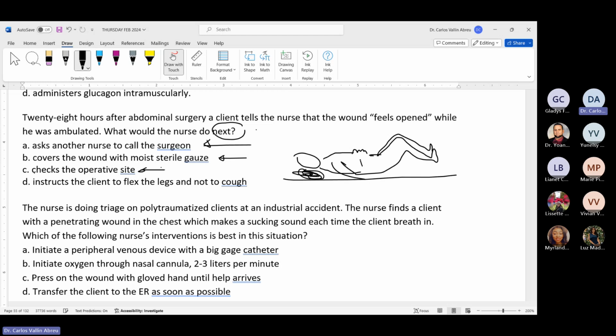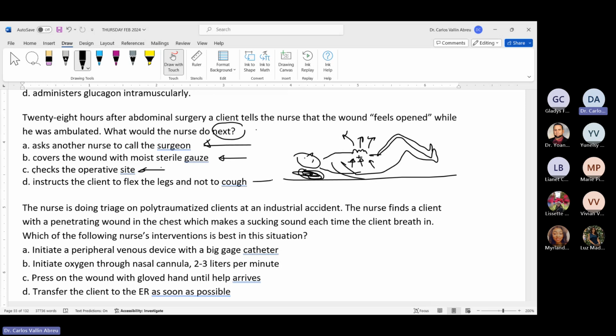And avoid increasing the pressure in the abdomen, because if the client is talking, screaming, or coughing, you increase the pressure in the abdomen, and the stuff is going to be pushed out even more.